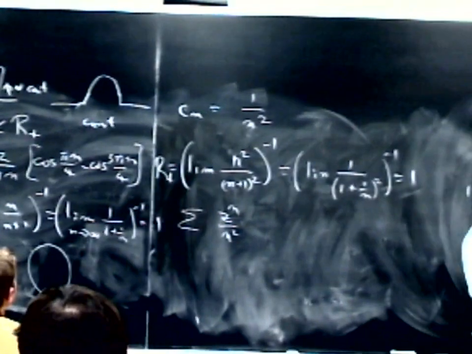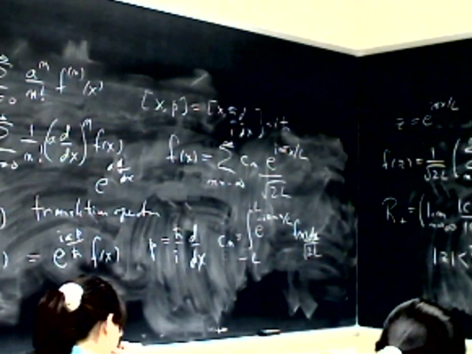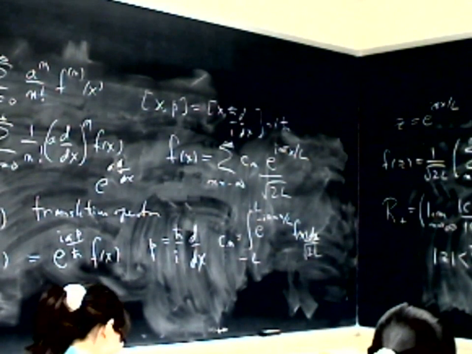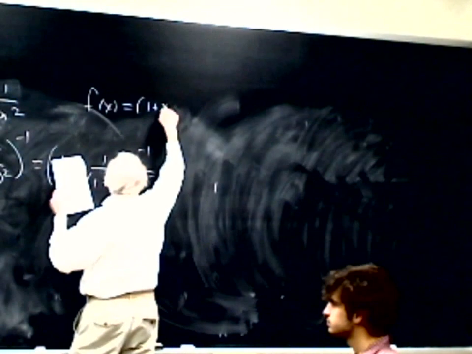All right, I'm going to erase this example. Binomial theorem. Suppose f of x is (1 plus x) to the a.